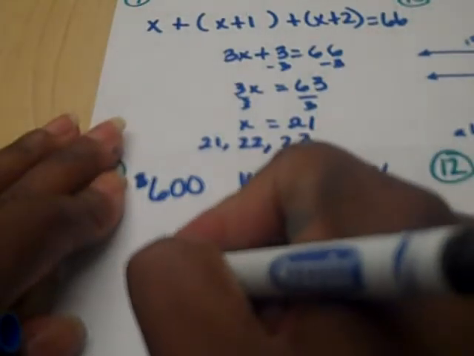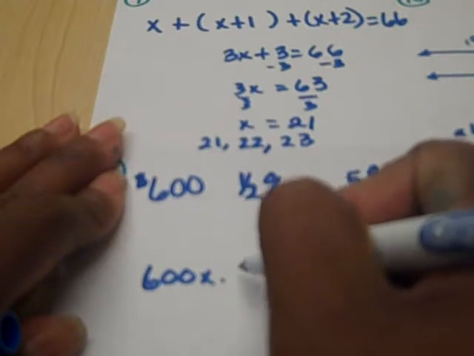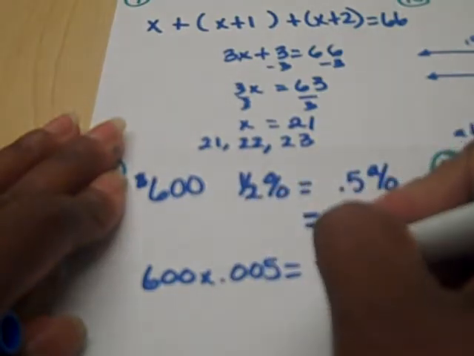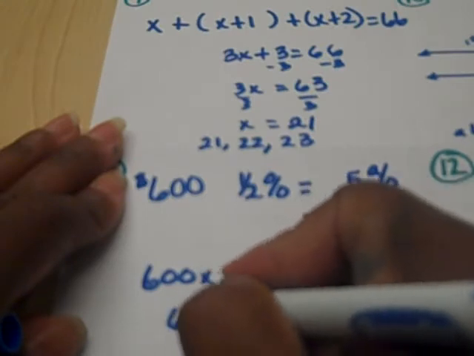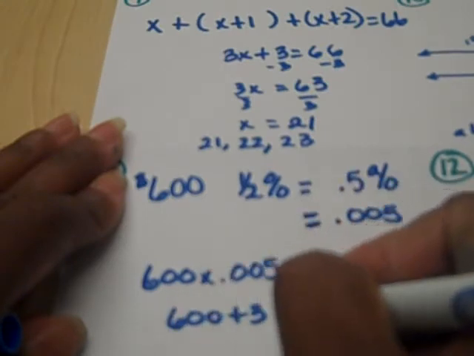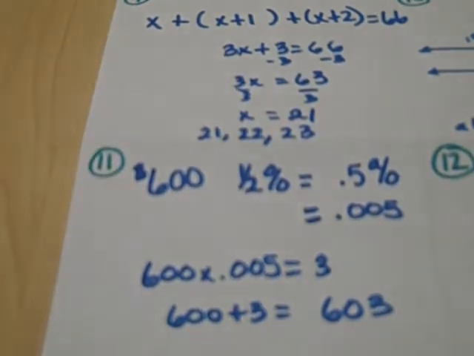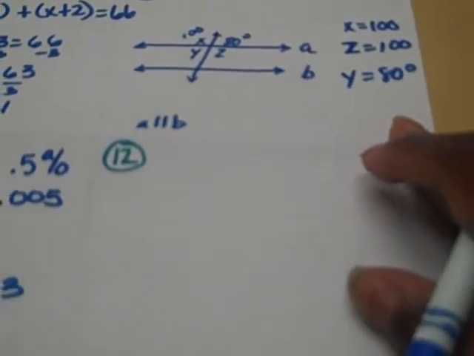And we multiply that times 600, which equals 3. And you add that to her original amount for a total of $603. Poor Anna. Okay, problem number 12.